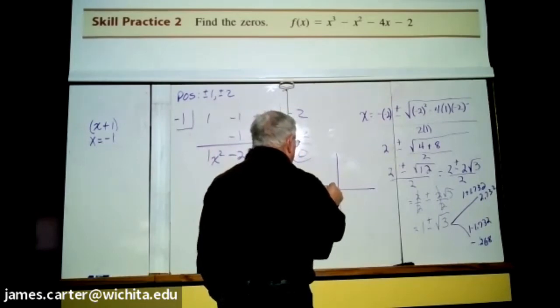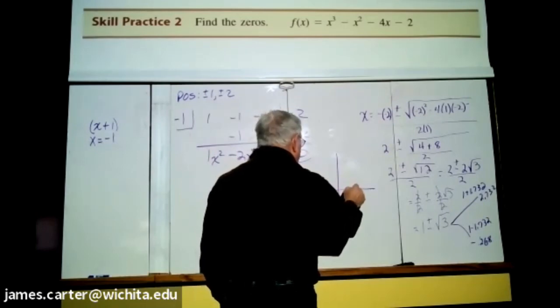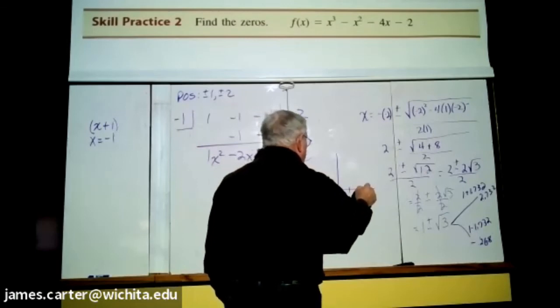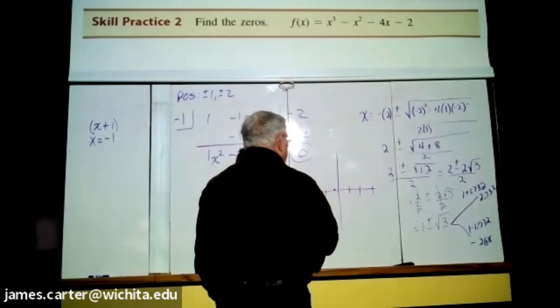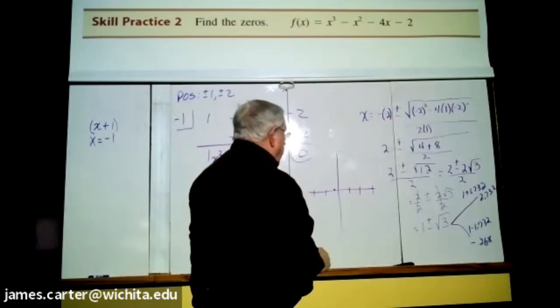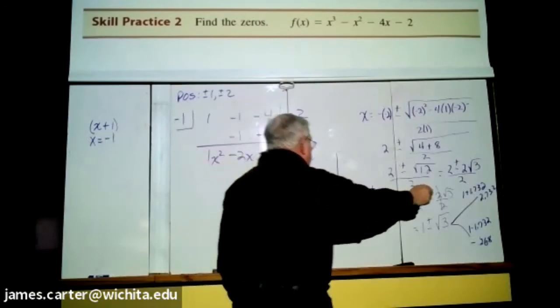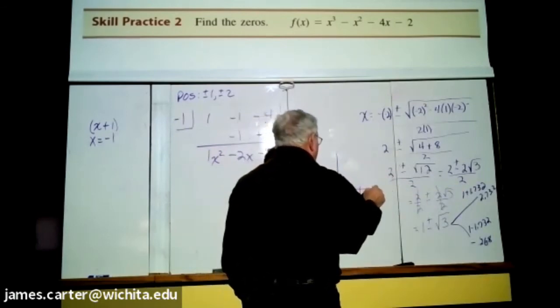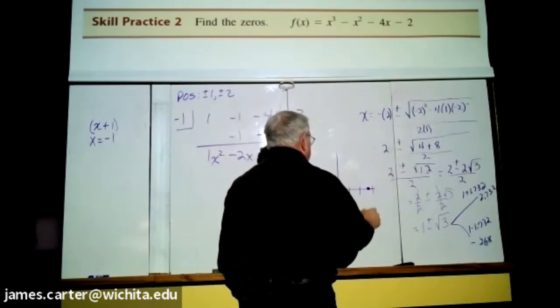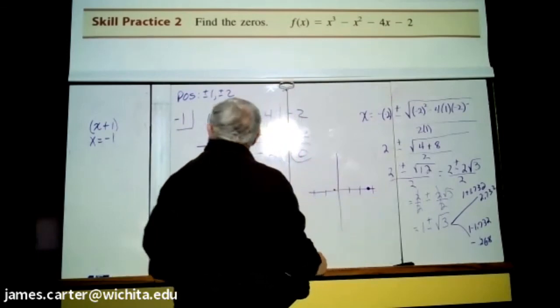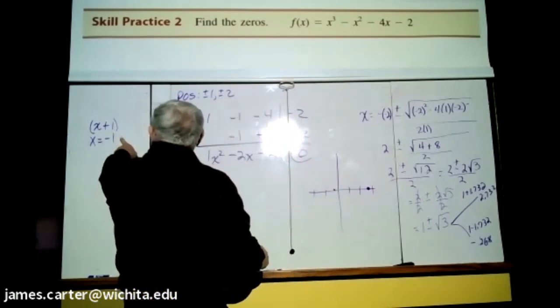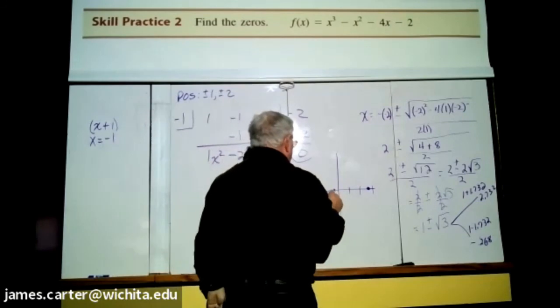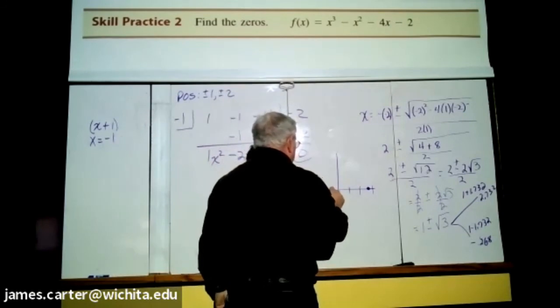Here's 1. Here's 1. Here's 2, 3, -2, and so on. So we've got 1 point there. This one, 2.732, and about 3/4. Okay, this one, we've got -1 right here.